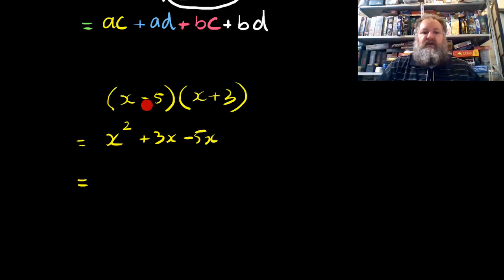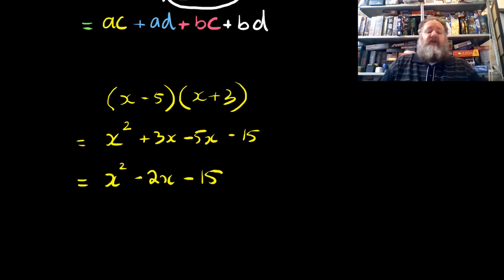I will then do my negative 5 and my positive 3, my last terms, and I will get negative 15. I then gather my like terms. I've got plus 3x minus 5x. So I'm going to end up with x squared minus 2x minus 15.